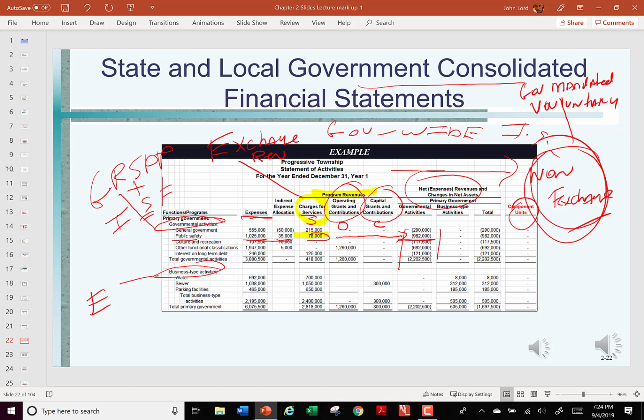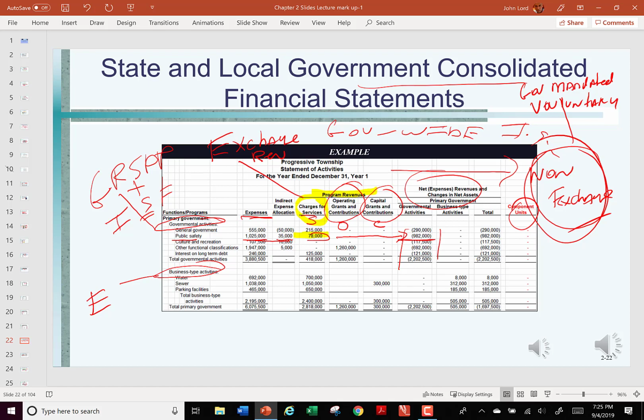Now, what's weird about the statement of activities for our governmental funds is the first thing they report to you is expenses. We're used to an income statement starting with revenues, right? But that's because you spent your whole education so far dealing with how to determine net income and revenue, and it's all about making money.